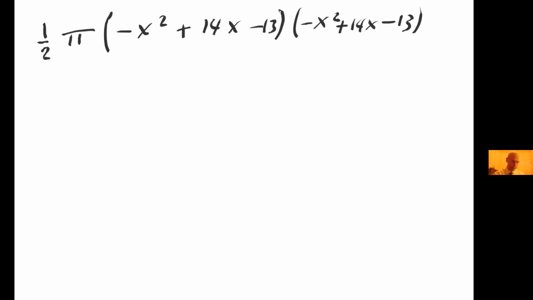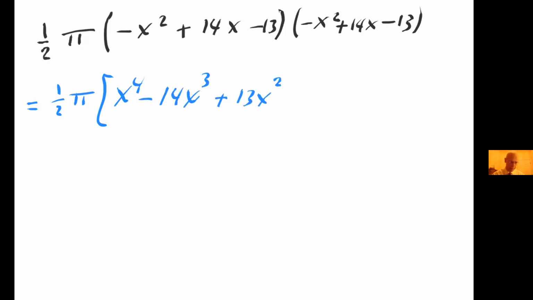So that equals 1/2 of pi. Then I have positive x to the fourth minus 14x cubed plus 13x squared minus 14x cubed. Let's see, this times this times this, and this times that, 14x cubed.